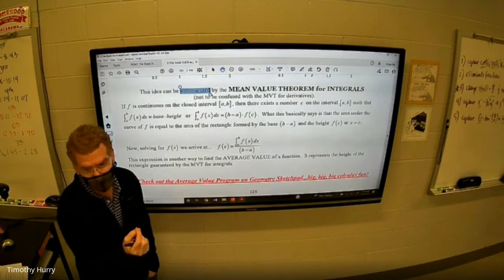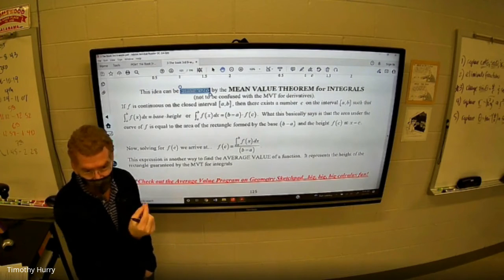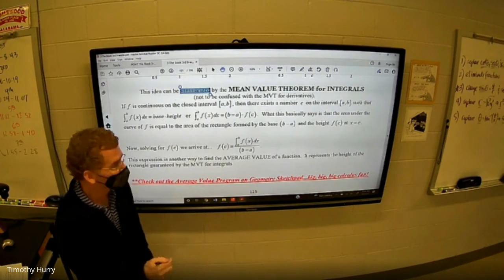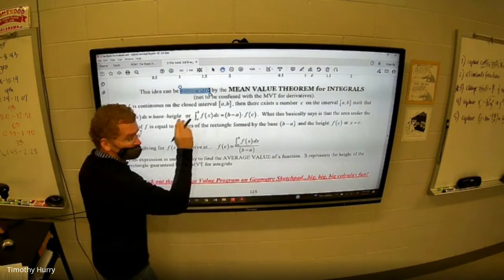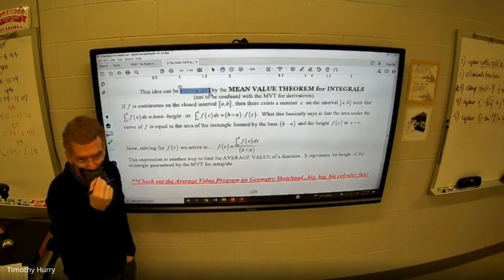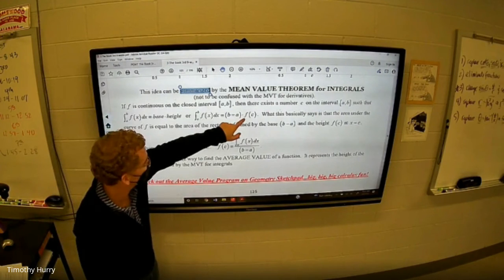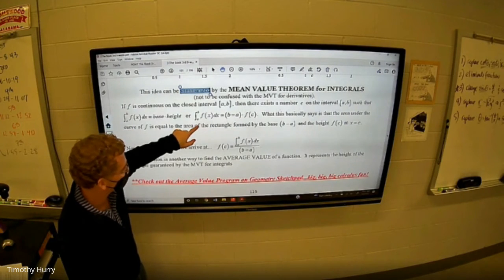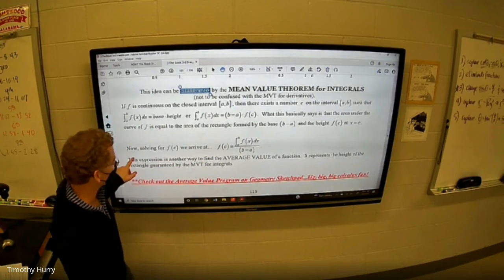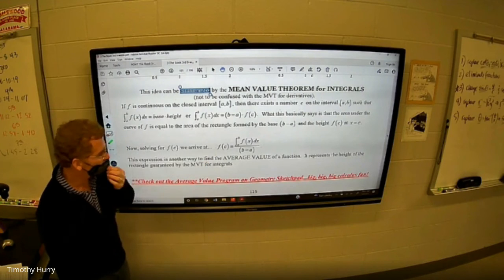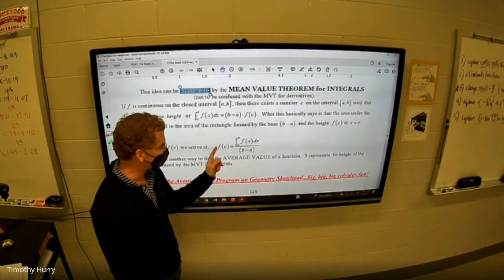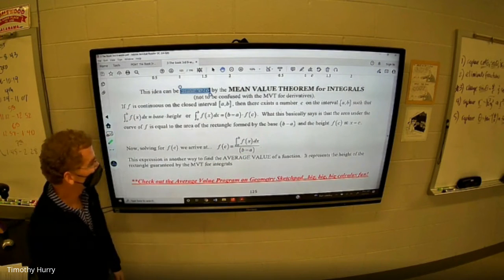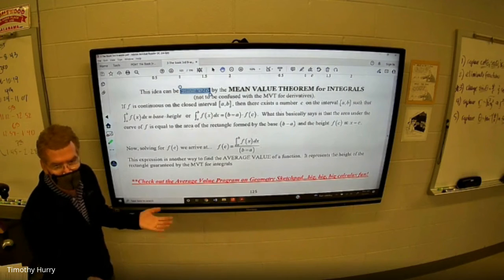Now, there's only maybe one or two y values that actually work, but you'd have to find that x value first. But does it make sense that that special base times height would be equal to the area? Well, look what happens right here if I divide by b minus a. That tells me that f of c is the value where if I integrate and divide by that, that value matches. That is essentially my mean value theorem.